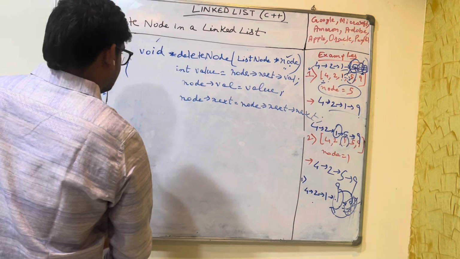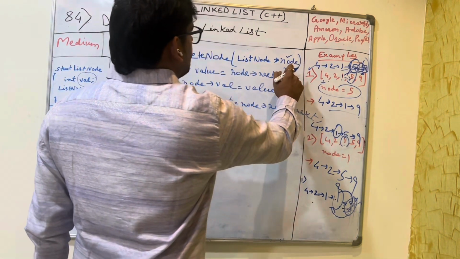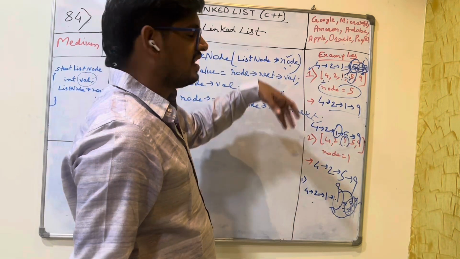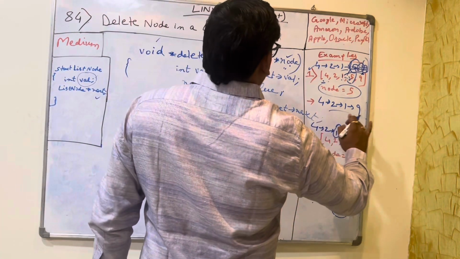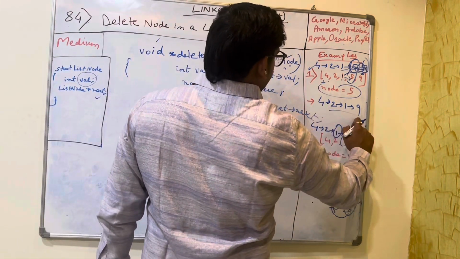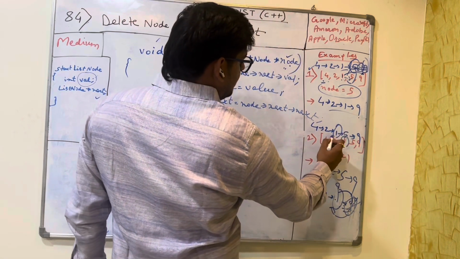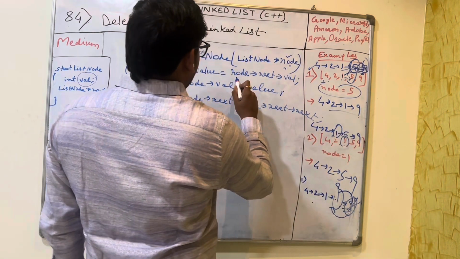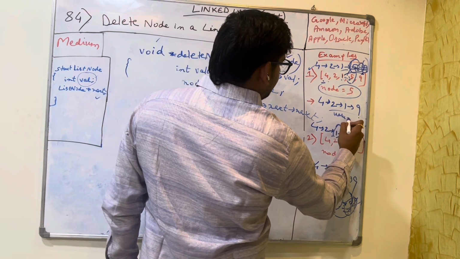Simple as that. Once this function is called and this node is given, this node would be removed and the list will still have its head and all. So if the calling function wants to print it, they will be able to print it. For example, in this example, we take node's next value, so the value is equal to 5.